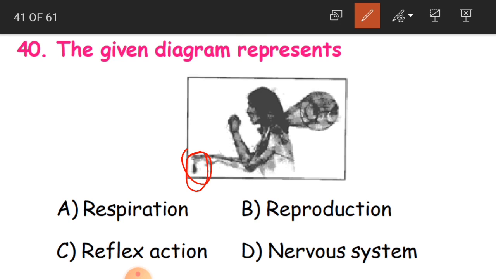Immediately we'll just move the hand or move any of the body part which is not able to bear that hot or cold. So what is this? Either it is respiration, reproduction, reflex action or nervous system.